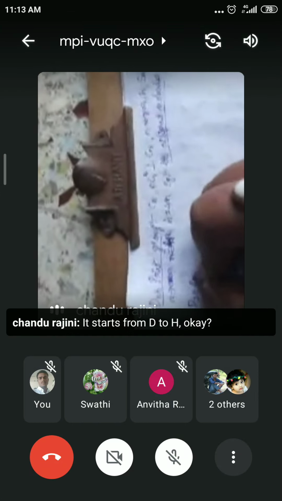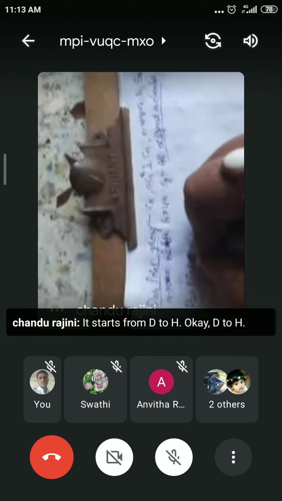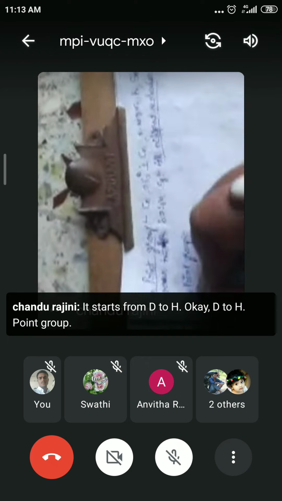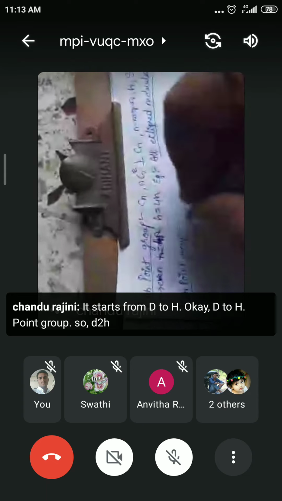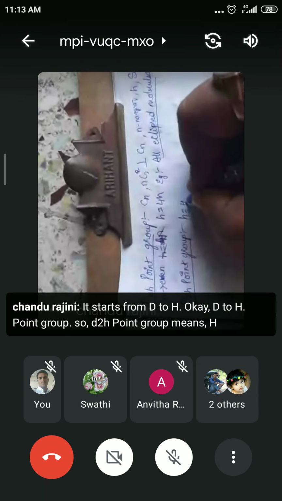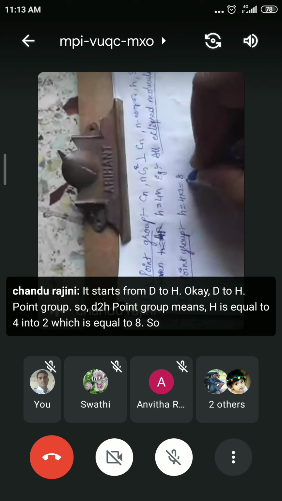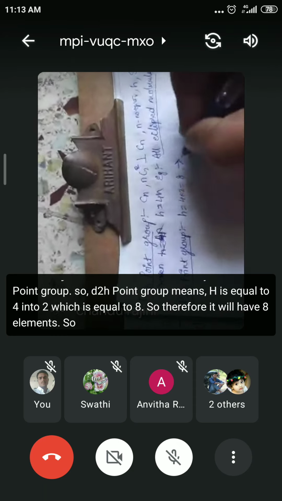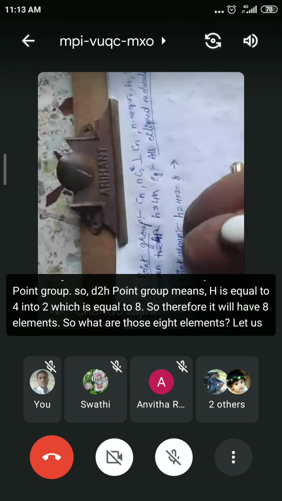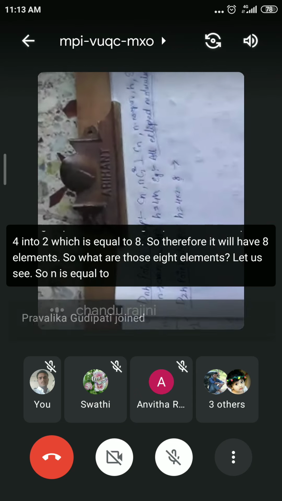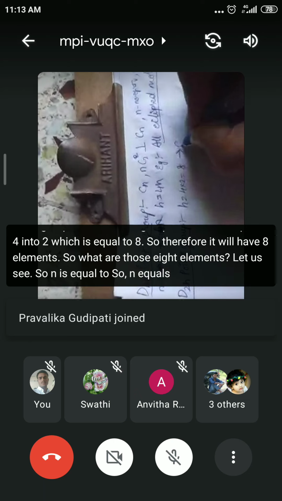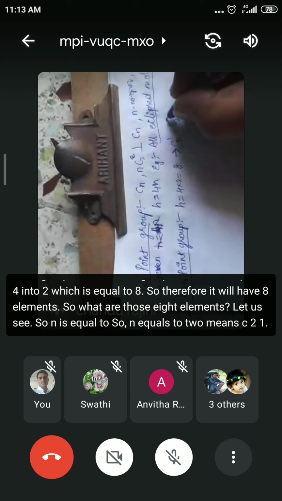Okay, D2h point group. D2h point group means h is equal to 4 into 2, which is equal to 8. So therefore it will have 8 elements. What are those 8 elements? Let us see. n is equal to 2, so n equals 2 means C2^1, C2^2.